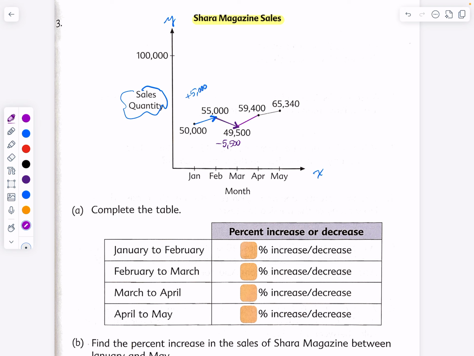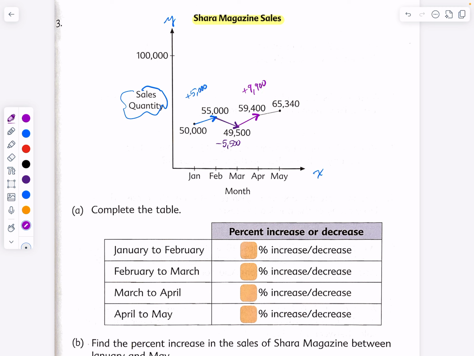Next, what happened between March and April? Well, the graph is looking up again. And that's because the magazine sales were doing much better. And look, from 49,500, they moved to 59,000. Almost 10,000 copies more were sold. So let's label it plus 9,900 copies more.